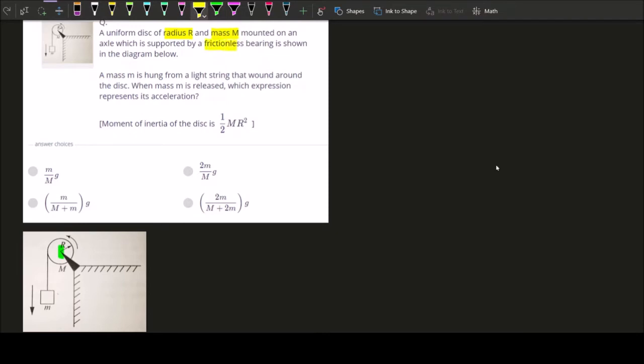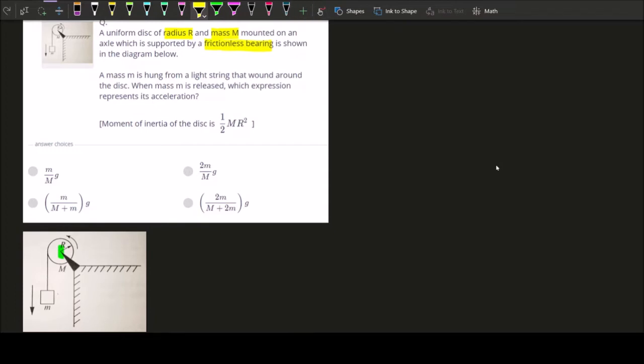So you know that when this pulley is rotating, there will be no friction due to the axle, because it's a frictionless bearing. So there will not be torque due to friction. No frictional torque.